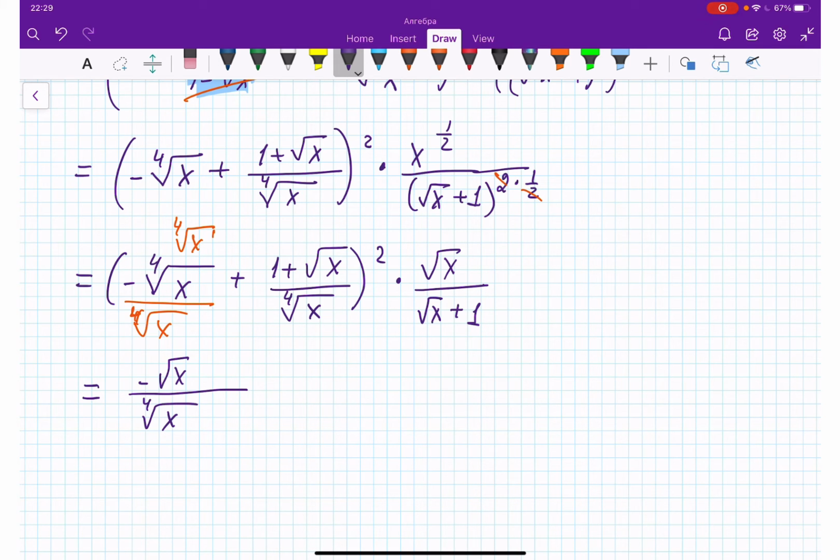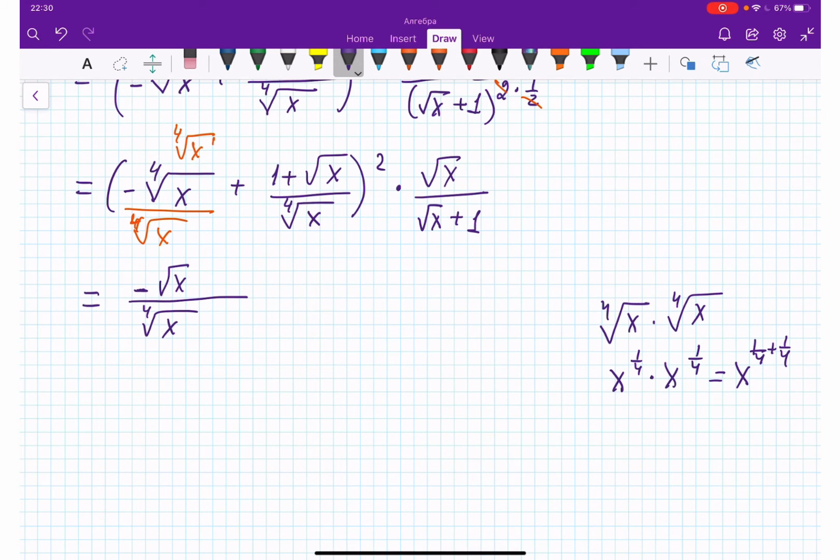Let's see. This negative sign, it's clear where from, but radical degree 4 times radical degree 4, we are getting x to power 1/4 times x to power 1/4, which is equal x to power 1/4 plus 1/4, right? Because when base is the same and we do multiplication, we add exponent.